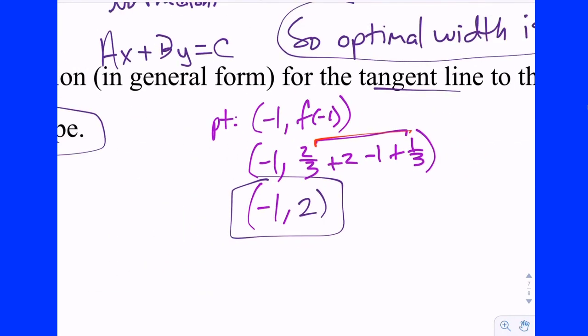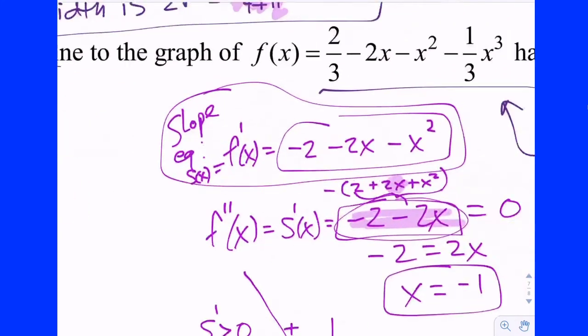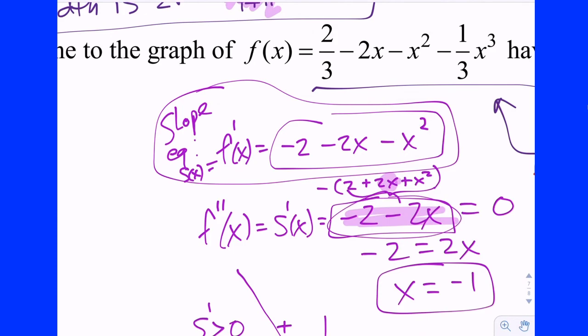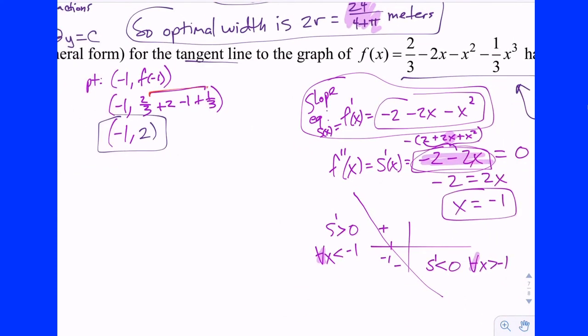Okay, so now we have a point. Now we need the slope. How do we find the slope at a point? We've got three machines here: f, f prime, and f double prime. F prime. Okay, cool. So we already have it. So f prime of negative 1, always indicating our method, showing our notation. We get negative 2 plus 2 minus 1.